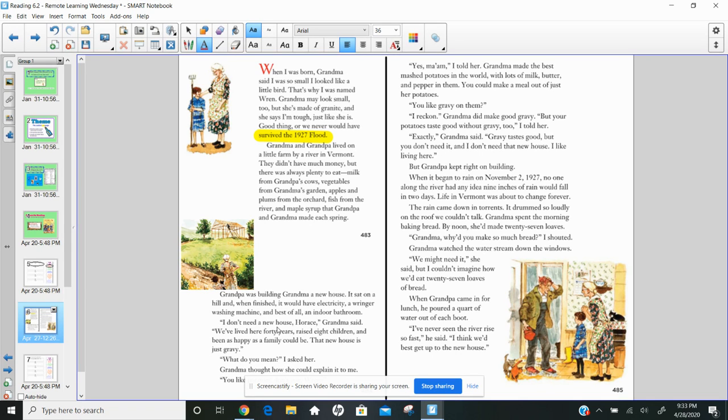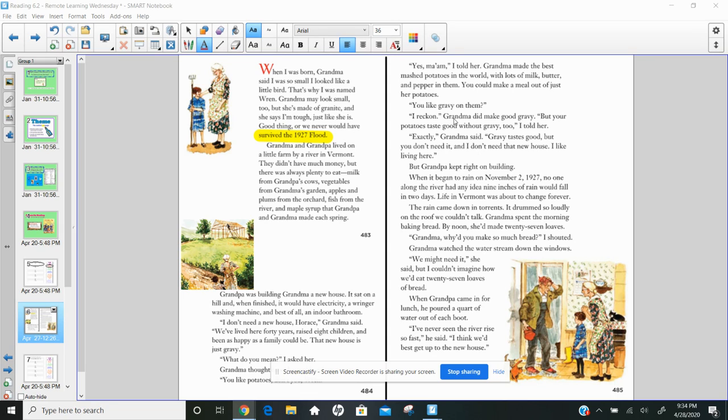I don't need a new house, Horace, Grandma said. We've lived here for 40 years, raised 8 children, and been as happy as a family could be. That new house is just gravy. What do you mean? I asked her. Grandma thought she could explain it to me. You like potatoes, don't you, Wren? Yes, ma'am, I told her. Grandma made the best mashed potatoes in the world, with lots of milk, butter, and pepper in them. You can make a meal out of just your potatoes. You like gravy on them?